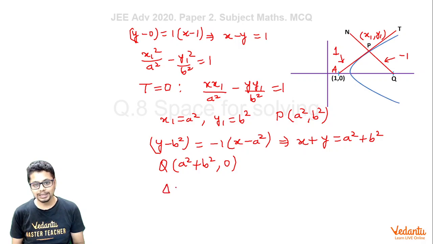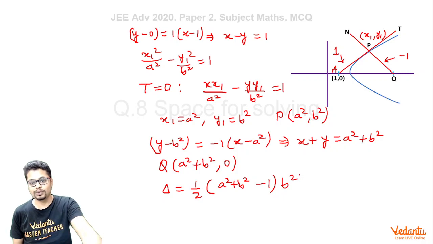So delta is half into base AQ, which is the difference of the x coordinates of A and Q in absolute sense. So it will become A square plus B square minus 1, multiplied by the y coordinate of point P, which is B square.